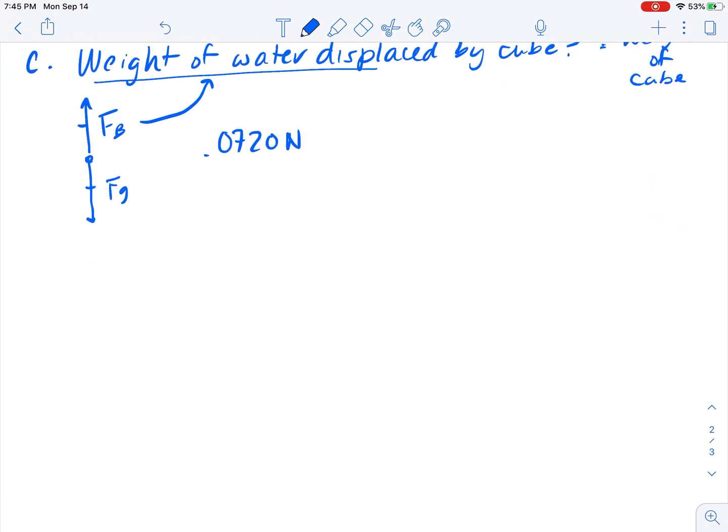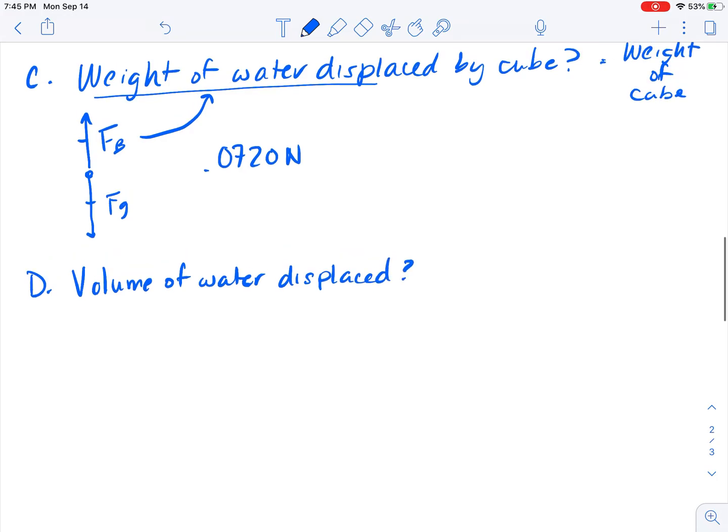Okay, next up. Now here's the real trick. How much volume of water is displaced? Well, I know the weight of the water displaced. I know that the weight is 0.0720 newtons.